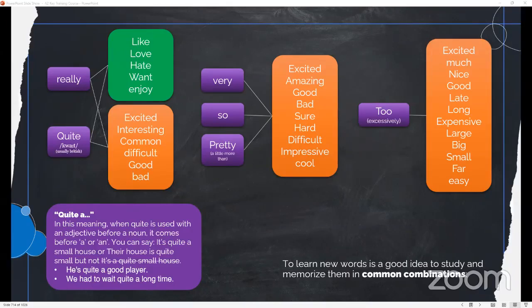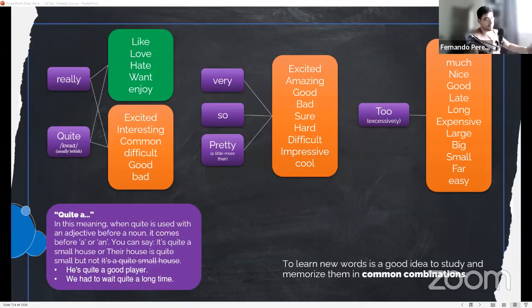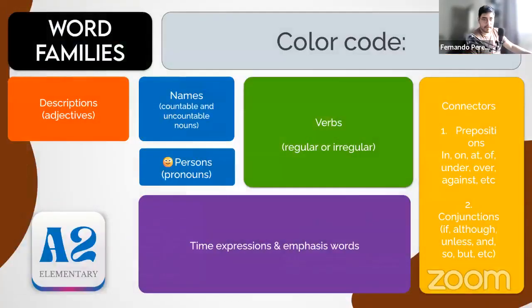Ready? Excellent. Yes. Perfect. What about Mon? What about Gabi? Very good. So this is it. Emphasis words.